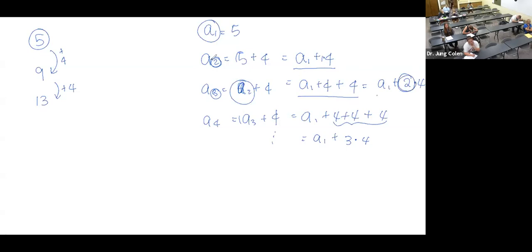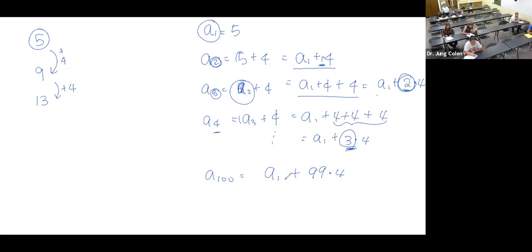So can you compare the term number change with this number change? You see that, right? Then can you guess what could be a sub 100? Maybe a sub 1 plus 100 minus 1, right? Which is 99 times 4. Because this is always 1 less than the number of terms, isn't it?